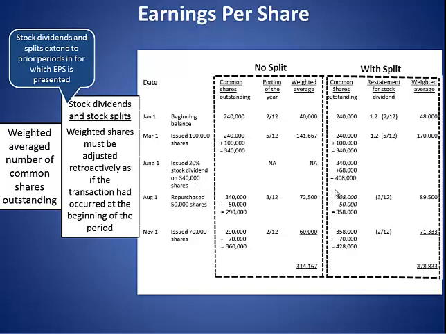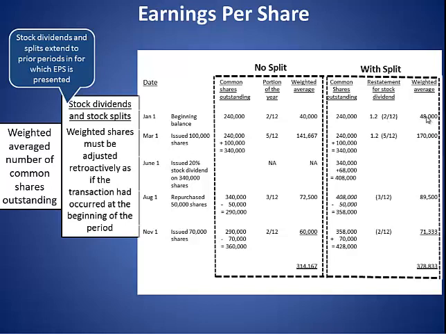So now we need to go back to prior periods and retroactively adjust our common shares outstanding for our 20% stock dividend. We take the 240,000 common shares and multiply them times 1.2, which accounts for our 20% stock dividend. We then multiply that amount by 2/12 for the 2 months that this amount existed, and we come out with a weighted average of 48,000 shares.